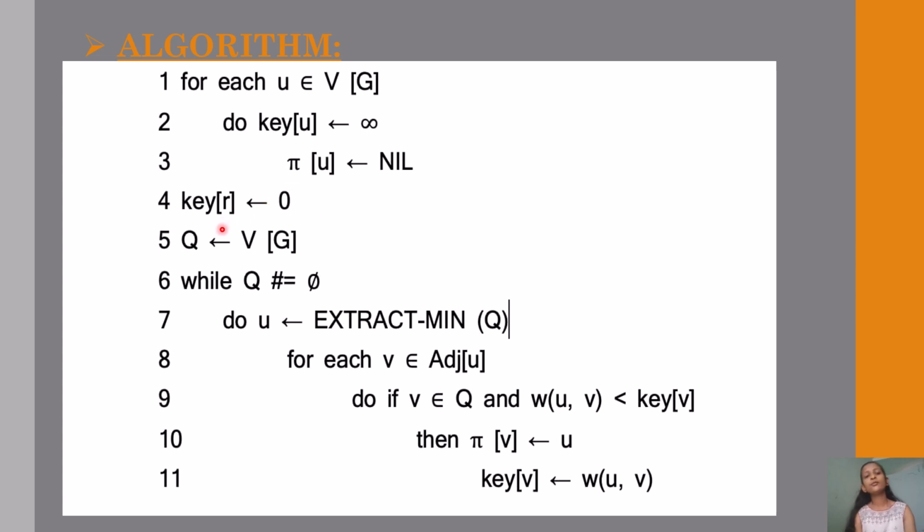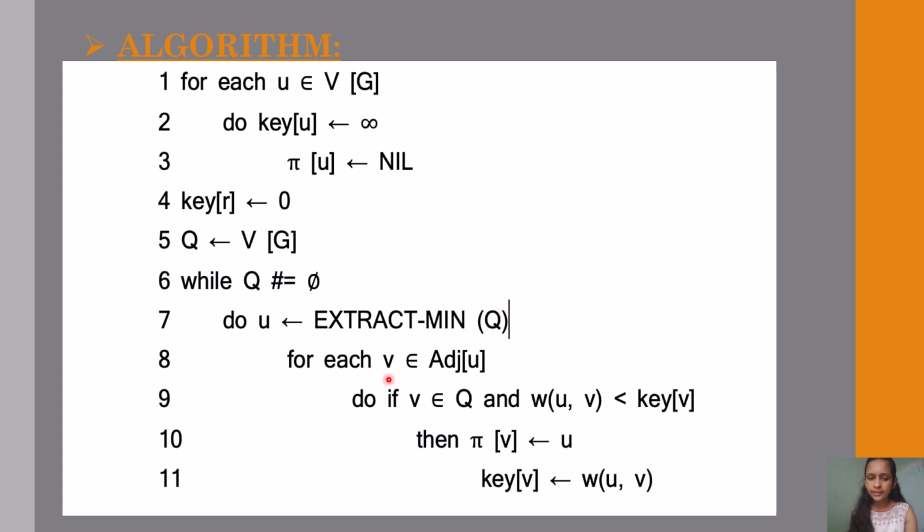Usually Prim's algorithm works with priority queues, so all the vertices of graph G will be put into the priority queue, which is represented by the capital letter Q. Now comes the construction part of the minimum spanning tree. While the priority queue is not empty, the user must start extracting the adjacent nodes or adjacent vertices of a selected node U from the priority queue.